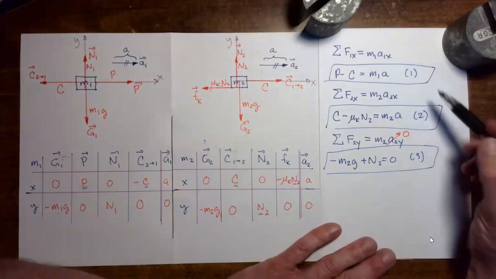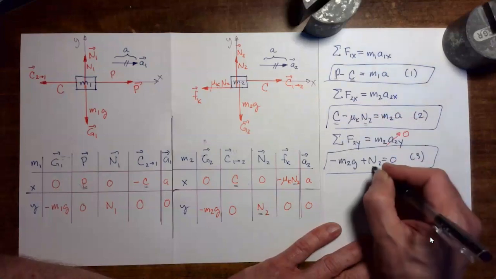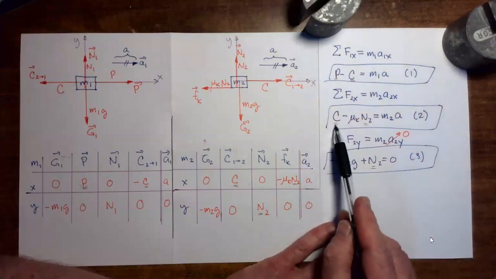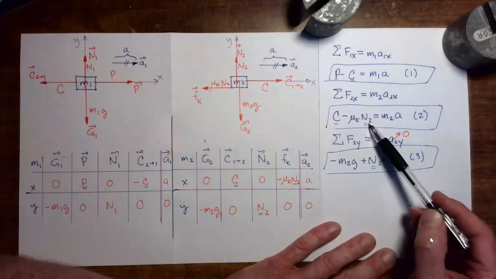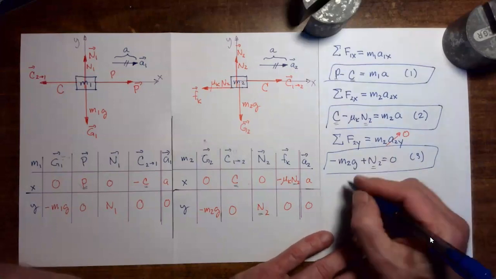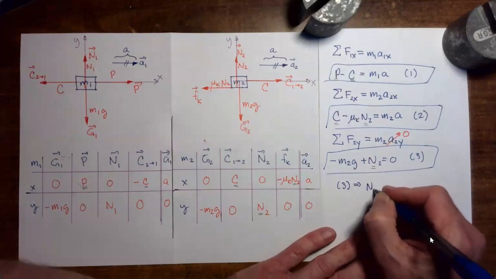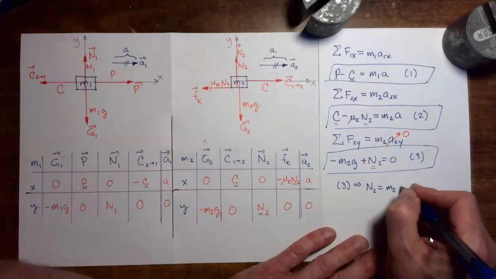Okay, just underlining the unknowns and trying to find that contact force C, but I have an N2 also appearing in that equation, but that's okay. I can use equation 3 to solve for N2. So let's do that. Equation 3 gives me N2 equals m2g.